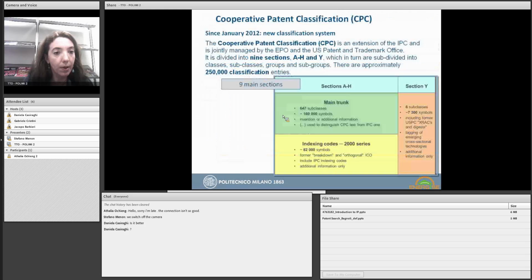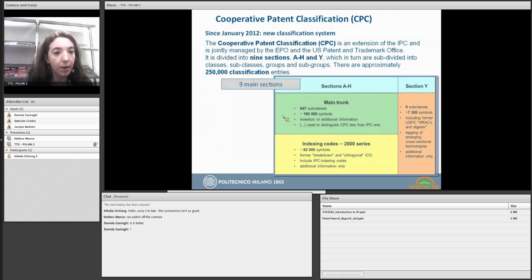The same goes for the Cooperative Patent Classification that has been used since January 2012. We have 9 main classifications. Many of the classifications are the same as the IPC codes, but we have a more detailed description of the subclasses.